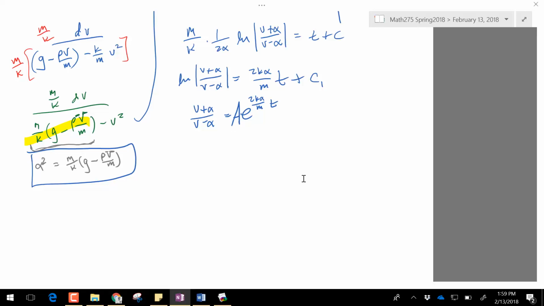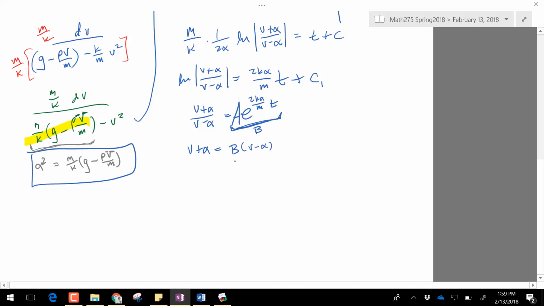All right. So let's solve for V like we did last time. We have V plus alpha is equal to, should we temporarily call this thing something, like capital B? So that would be capital B times V minus alpha.